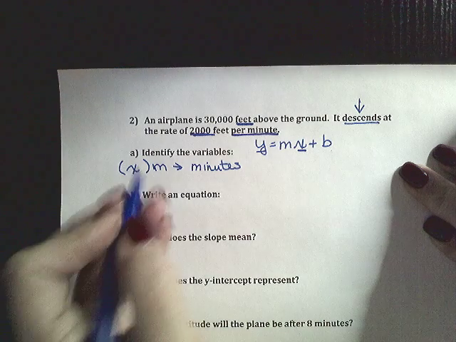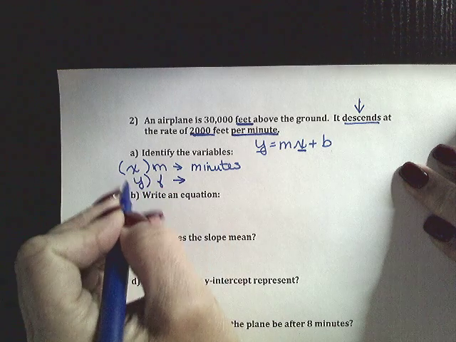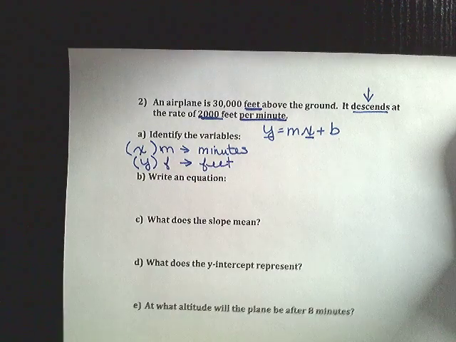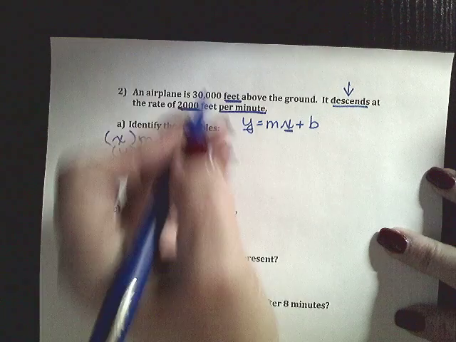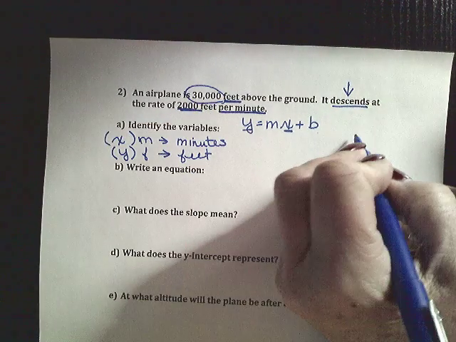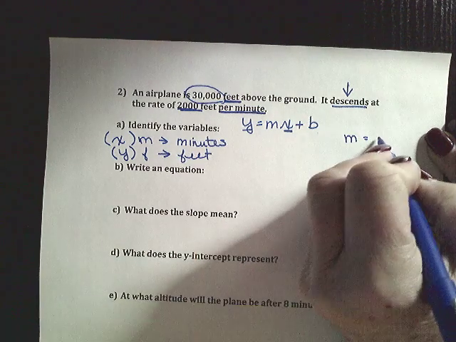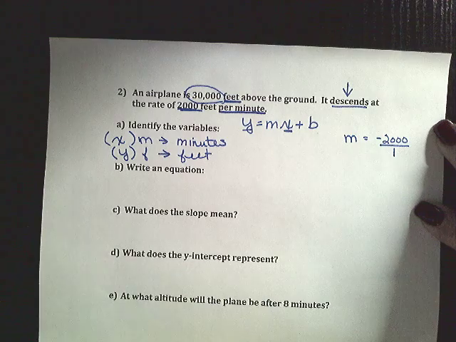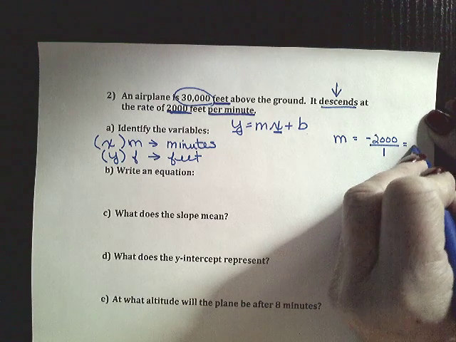And then we have feet, and that would be the same as our y. Okay, so let's see if we can just substitute right into our equation. Where is that plane starting? That plane is starting at 30,000 feet. My slope is 2,000 feet falling, negative 2,000 per minute. Because you're descending, you're going down, so that's going to equal negative 2,000.